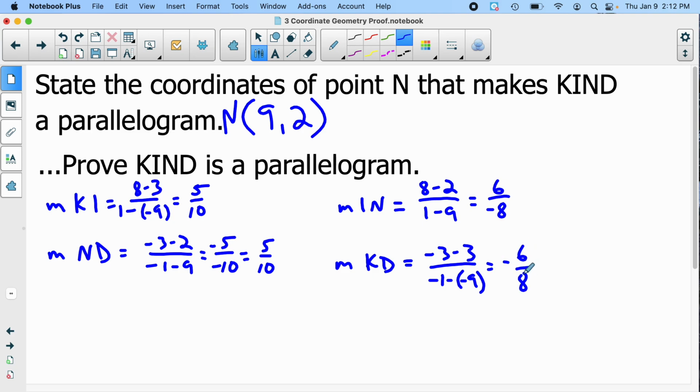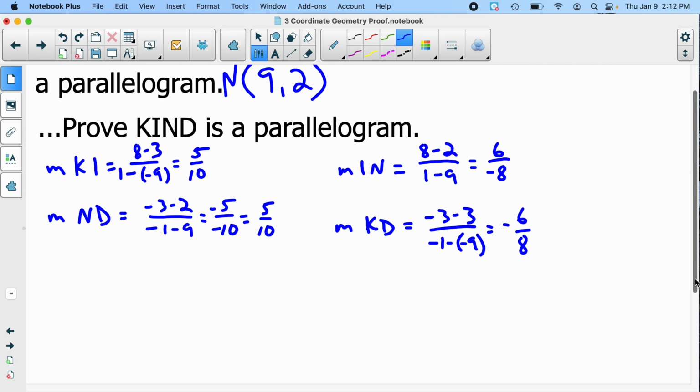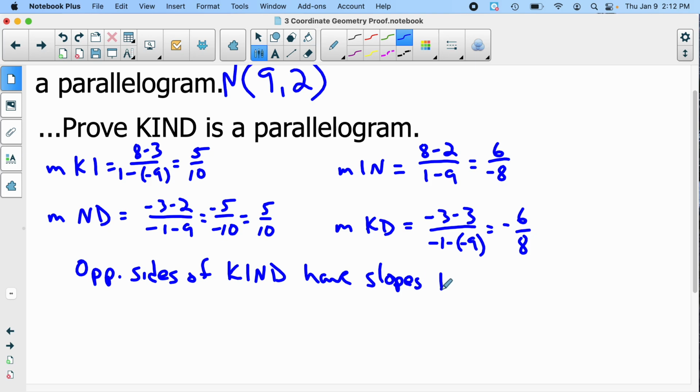Notice that those slopes are equal to each other, or at least the opposite sides IN and KD have slopes that are equal. So let's write our big conclusion now. What we've seen is that the opposite sides of KIND have slopes that are equal. And what does it mean if slopes are equal?